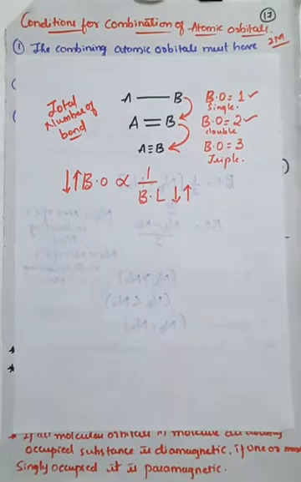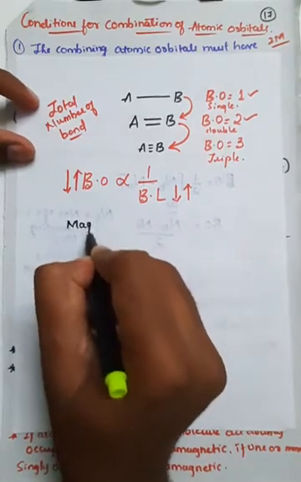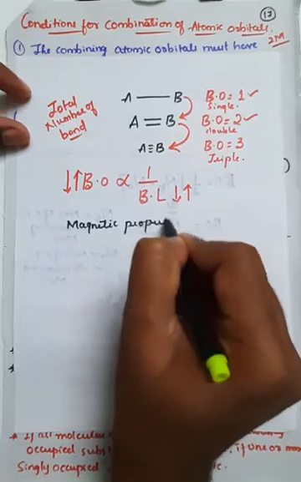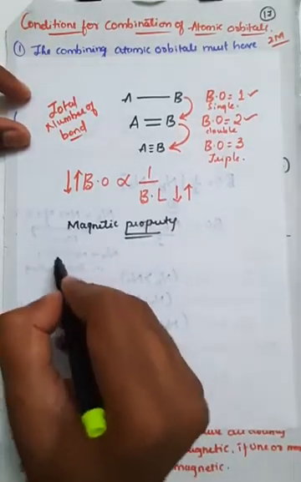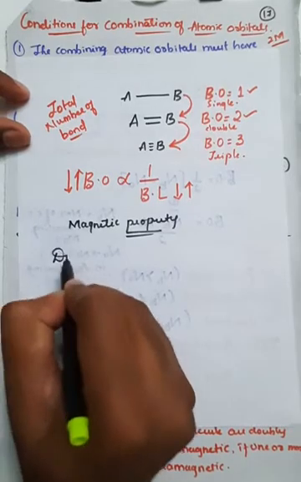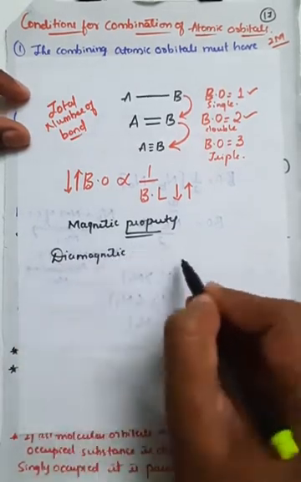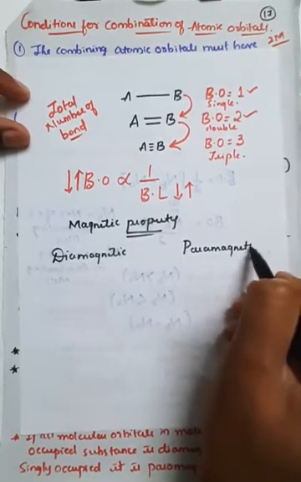One more important statement here is the magnetic property in case of molecules, right? Magnetic property is generally of two types. One is diamagnetic, second type is paramagnetic, right?